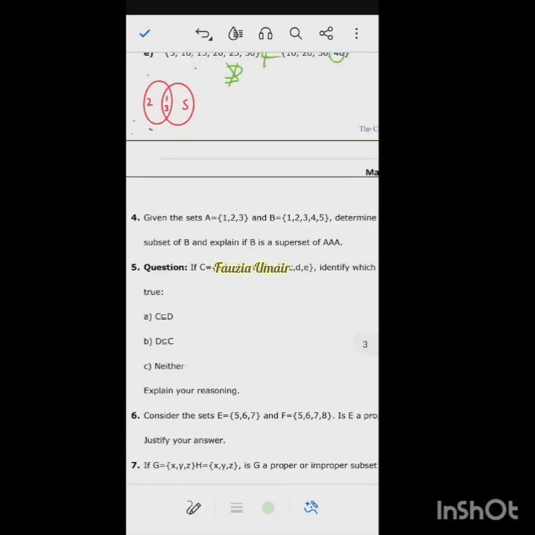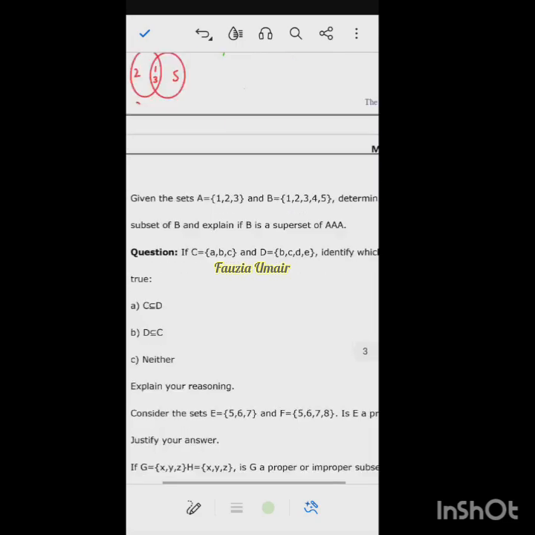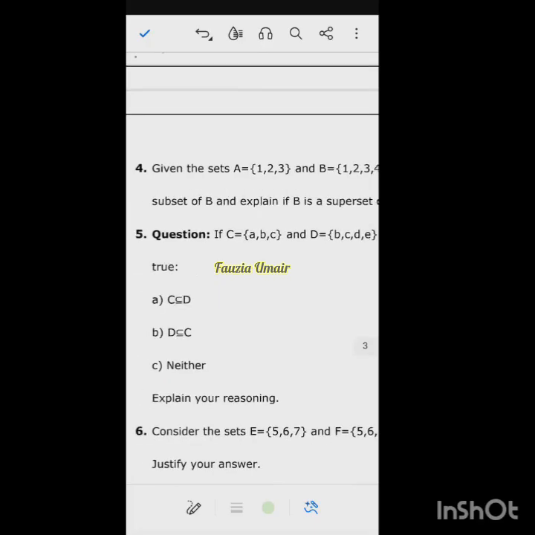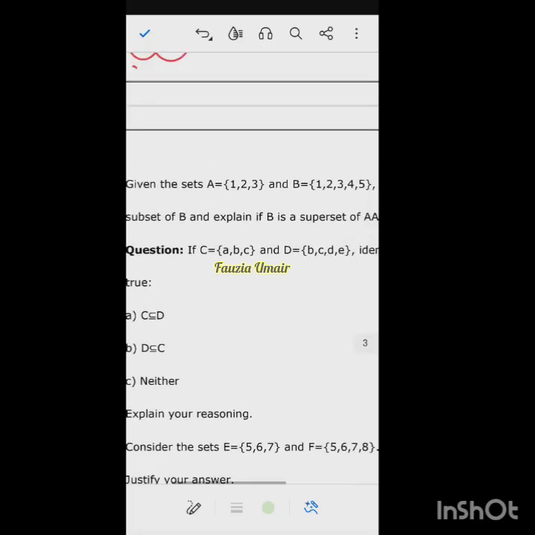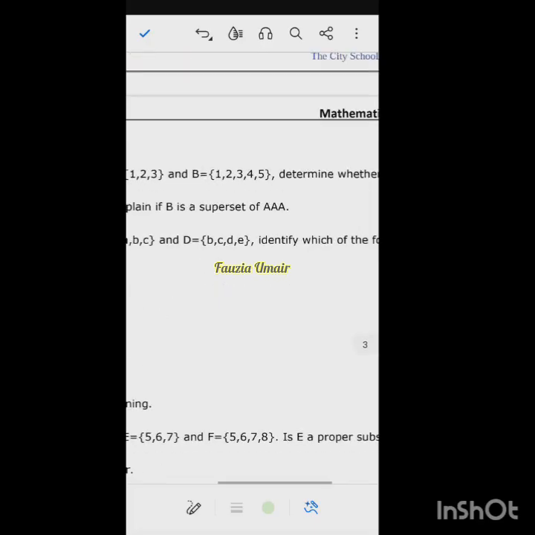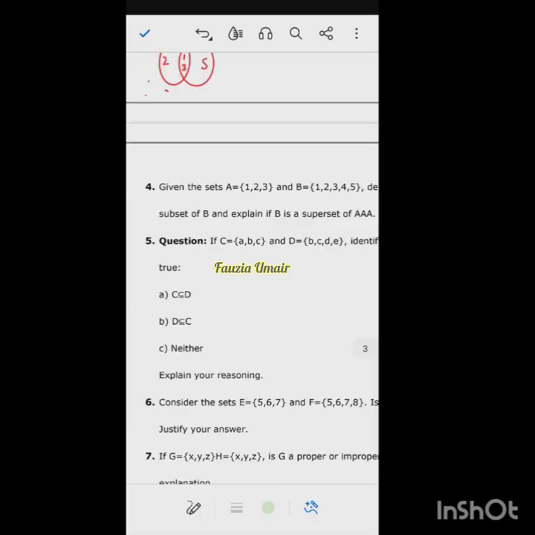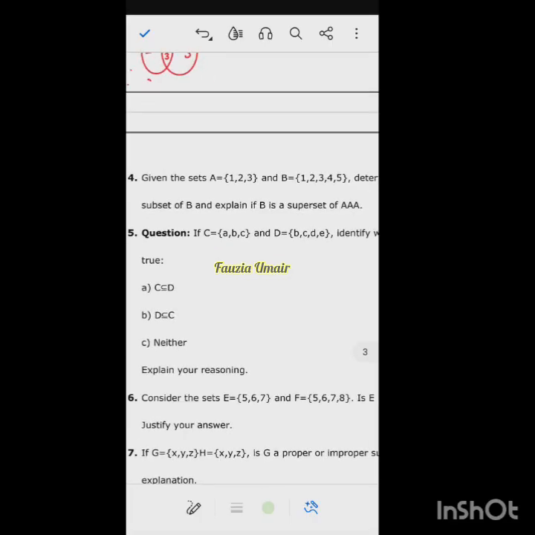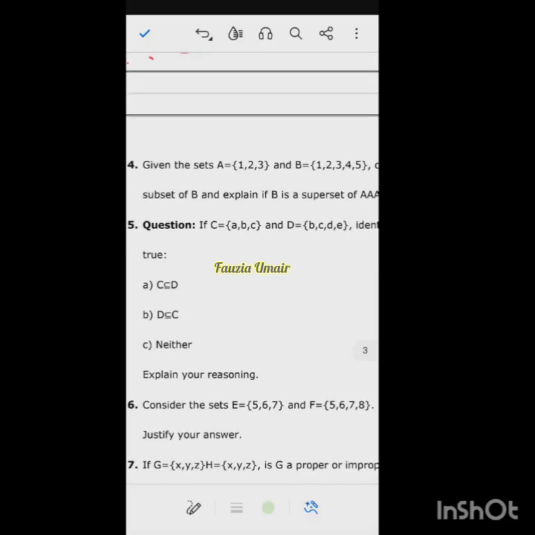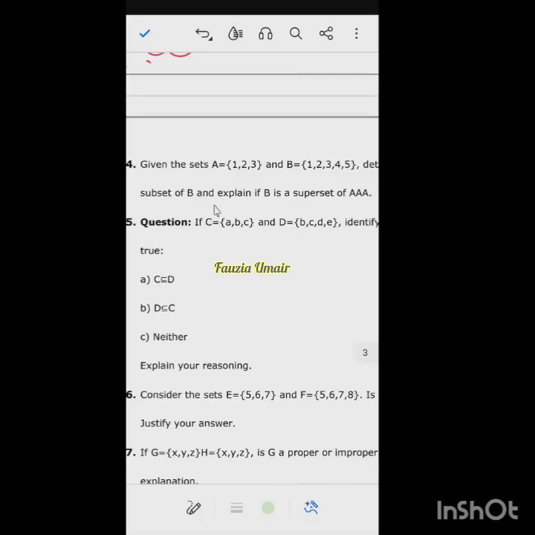So moving on to question number 4. Question number 4 is, given the sets A and B. So now A is 1, 2, 3, B is 1, 2, 3, 4, 5. Determine whether A is a subset of B. Explain if B is a superset of A. So is A a subset of B? Explain.